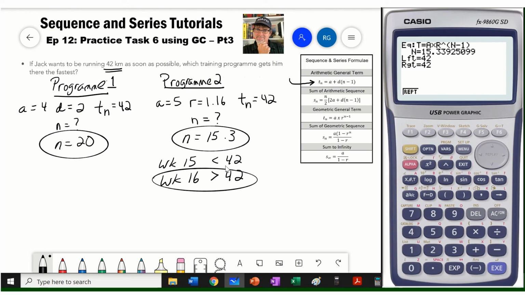So if we want to answer this question, Jack wants to be running 42 kilometers as soon as possible. Which training program gets him there the fastest? All right, let's answer this.